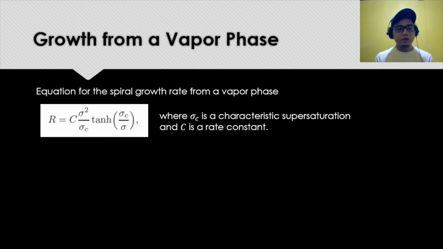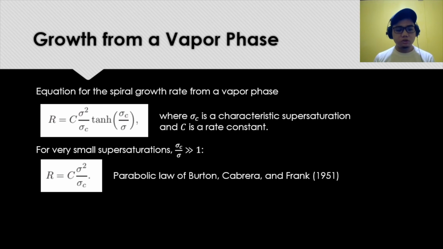We can examine further some special cases. For instance, for very small supersaturations where the ratio sigma c divided by sigma is much greater than 1, we can basically cancel out the hyperbolic tangent factor, and we are left with R equals C multiplied by sigma squared over sigma sub c.